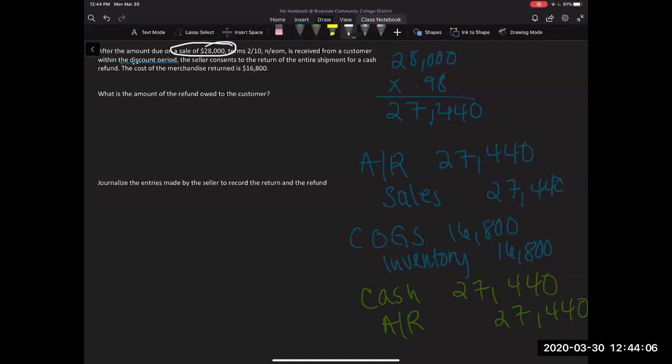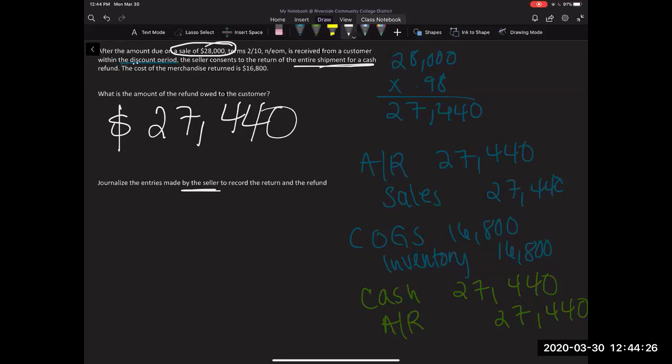So what we're going to refund to the customer is what they paid. They're returning the entire shipment for cash, so we're going to refund them $27,440. Now it's asking us in the next portion to journalize the entries made by the seller to record the return and the refund.